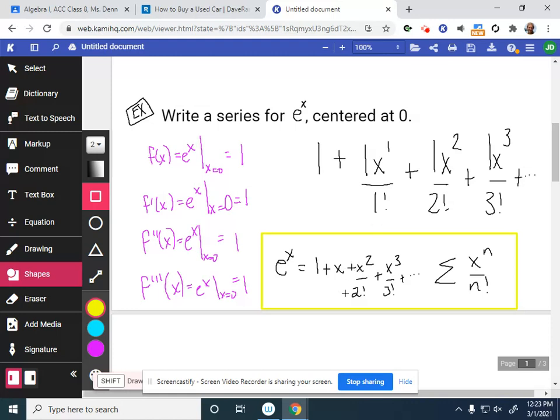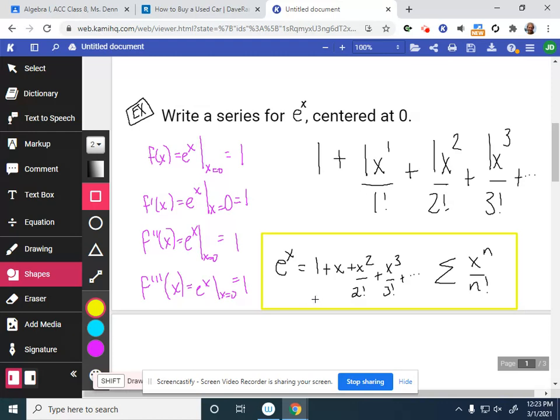So now we can add that to the other series that we know. E to the x, sine x, cosine x, now we know them all. I could have used a Taylor series or MacLaurin series to write the series for sine of x. Let's do that right now just to confirm that it actually works.